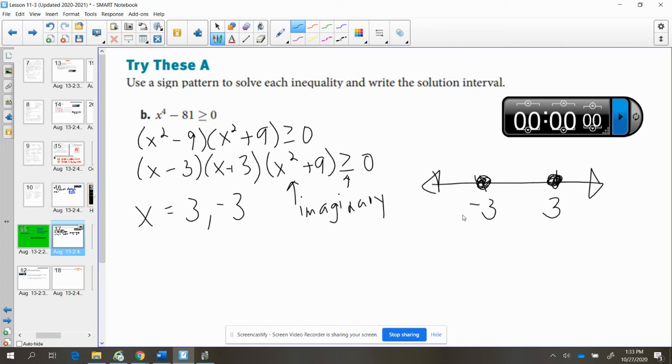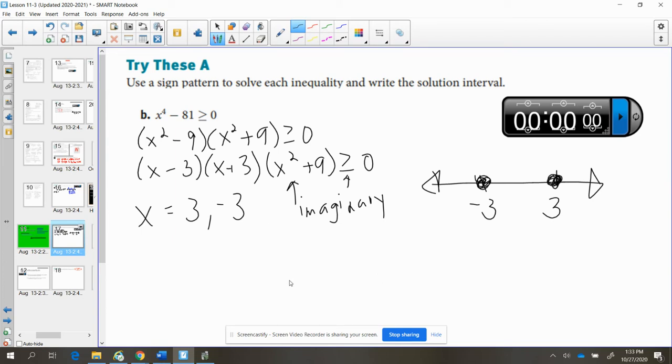And now we want to look, okay, where is this graph above the x-axis? So I'm going to pick a number less than -3. So let's say -100. If I plug in -100 here, I end up with a negative answer times a negative answer times a positive answer, because I'm still going to plug into this piece here.